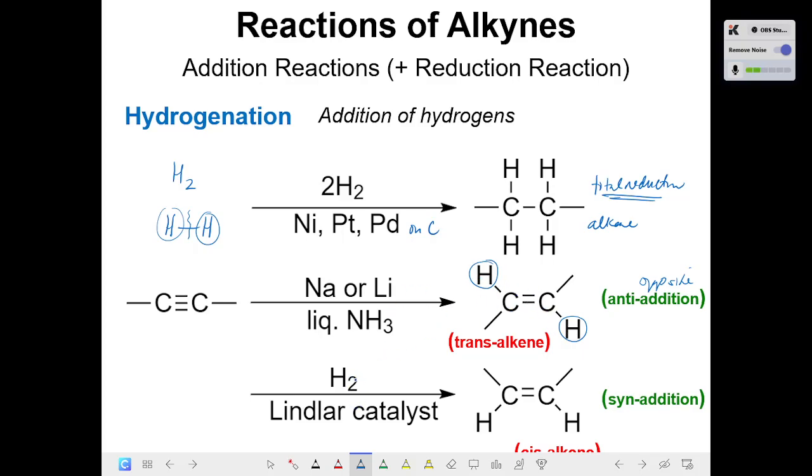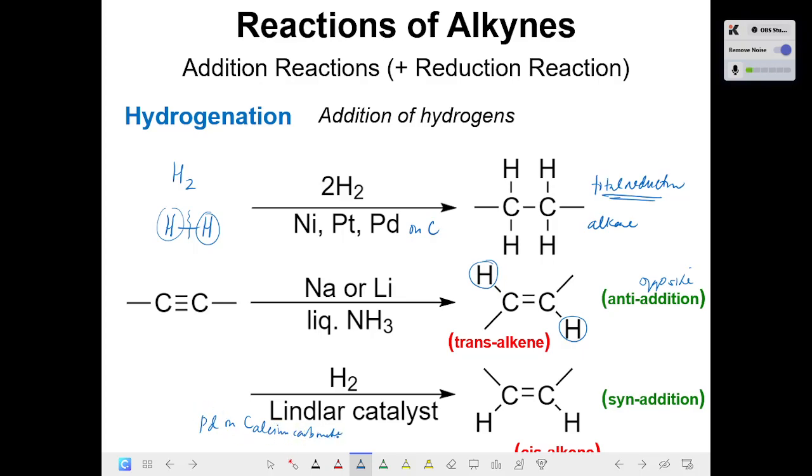But if you use here H2, hydrogen gas, with Lindlar catalyst, so yung Lindlar catalyst natin dito ay, this is palladium din on carbon, calcium carbonate. So, calcium carbonate yung surface.